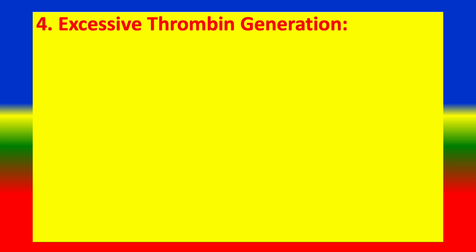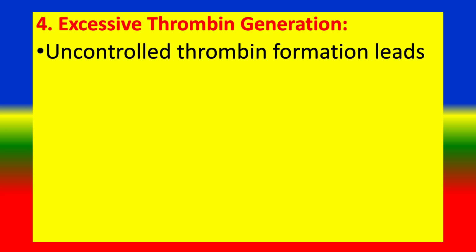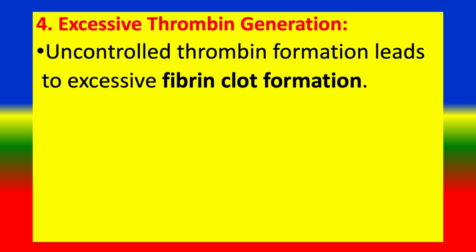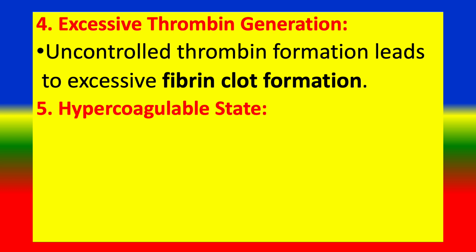4. Excessive thrombin generation. Uncontrolled thrombin formation leads to excessive fibrin clot formation. 5. Hypercoagulable state.